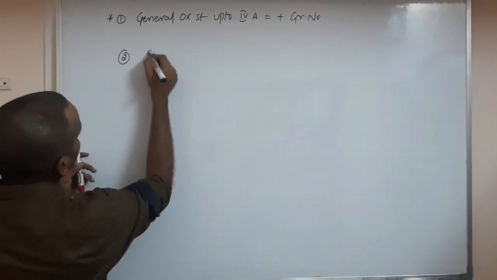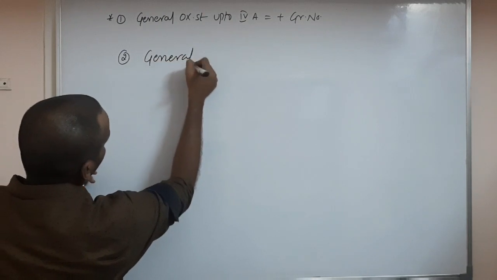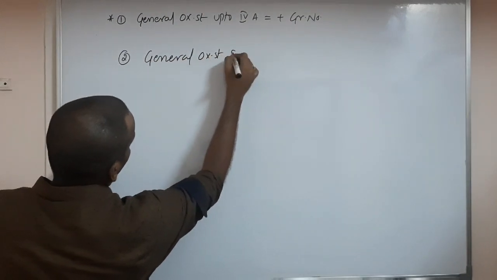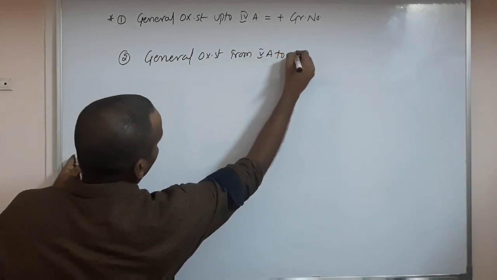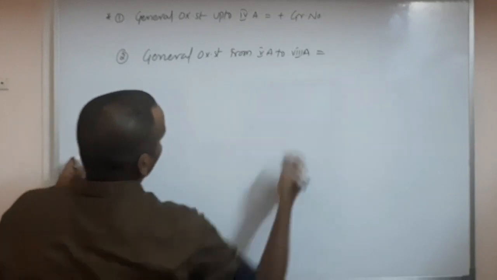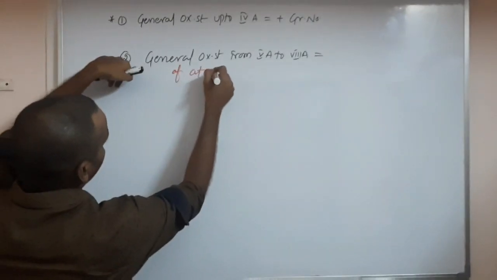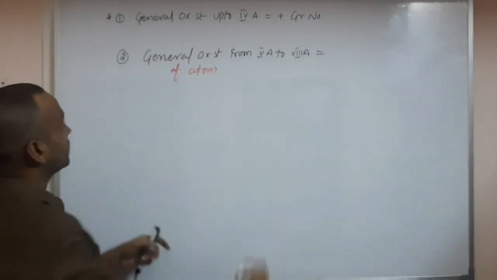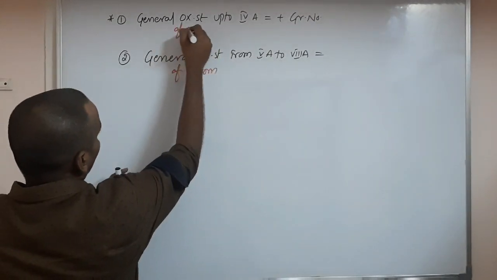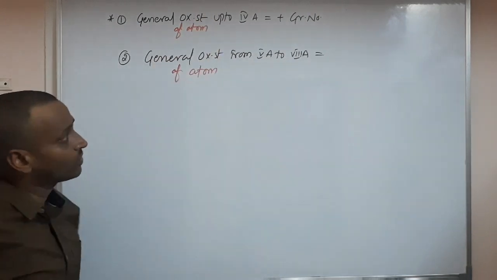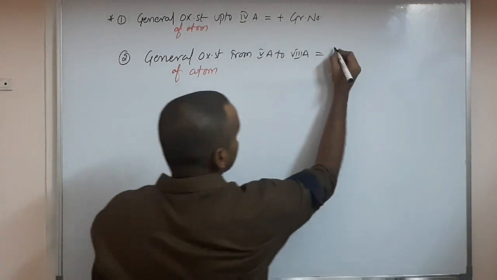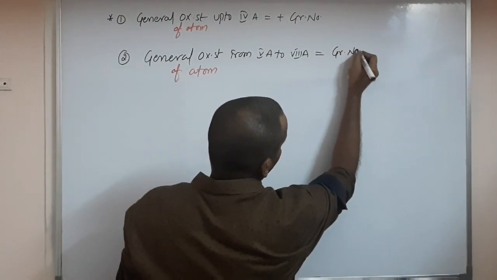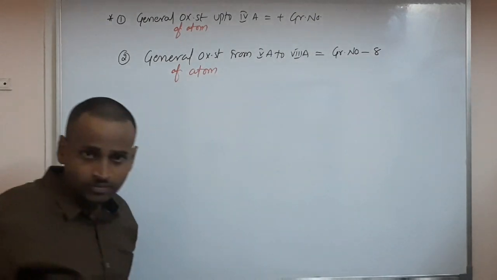And number two, what is the general oxidation state of atoms from 5A to 8A? It is group number minus 8.